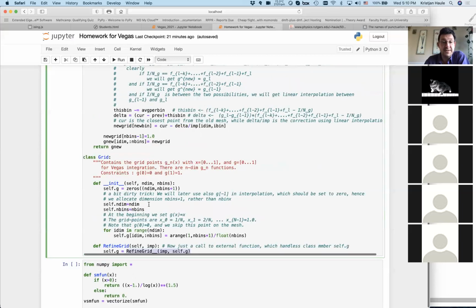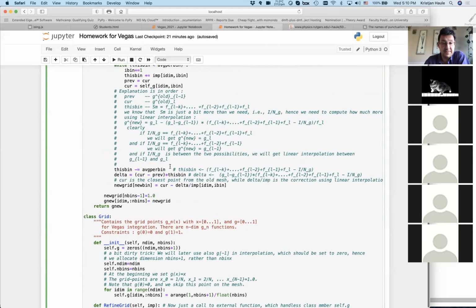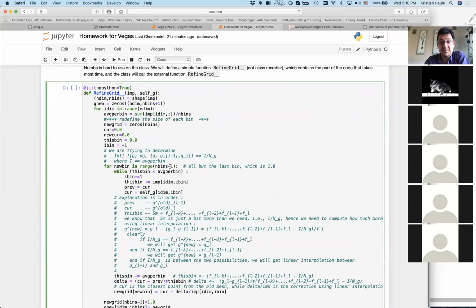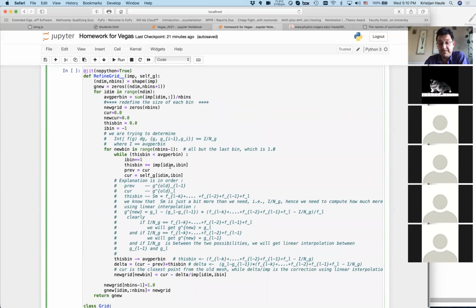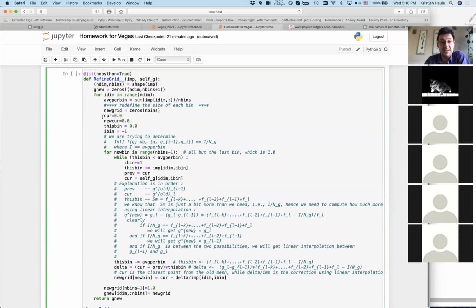And now the defined grid is actually almost literally copied from the previous class, except that right now it is just a simple function. Okay, and it has as an input self underscore G. So whatever before was called self.g now became self underscore G. This is just my choice for the name of this variable.